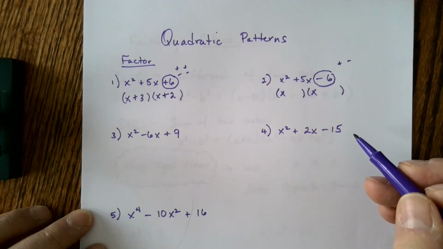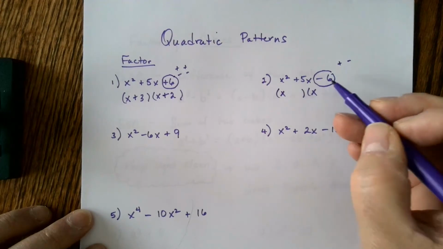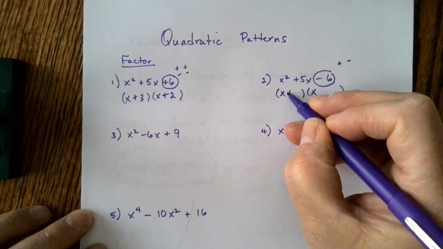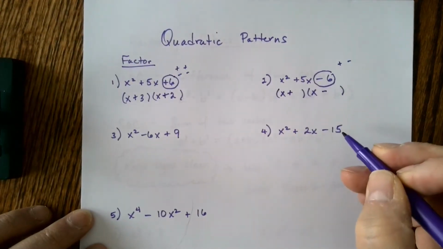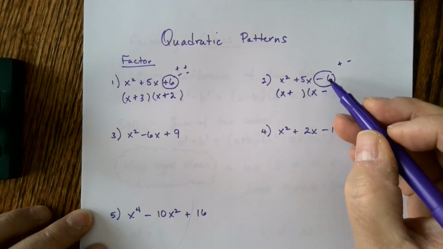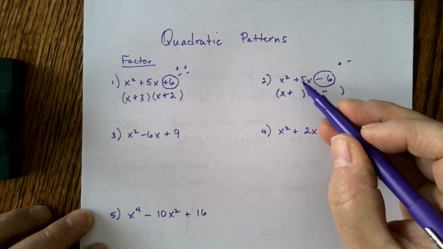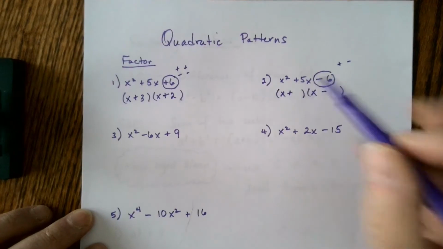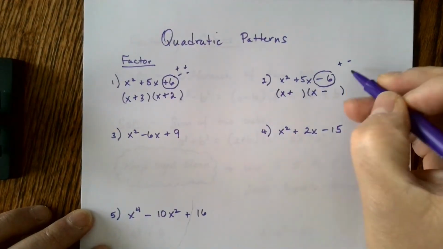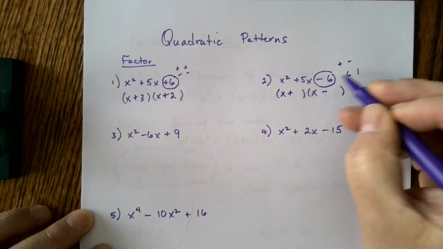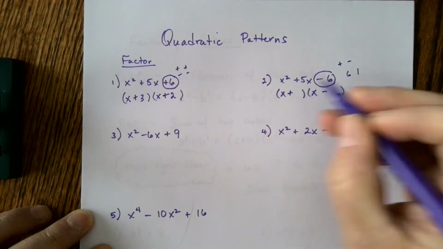So with that being said, we need two numbers that multiply together. One's going to be positive, one's going to be negative. That when multiplied together give me 6, but when subtracted give me 5. And the two numbers that I come up with are 6 and 1, because 6 times 1 is 6 and 6 minus 1 is 5.